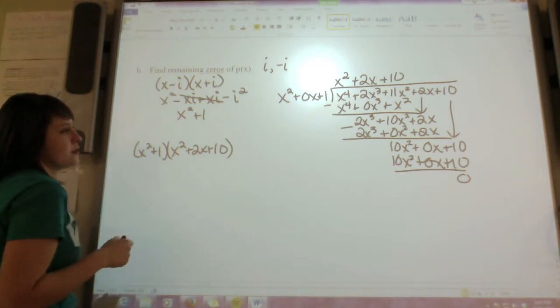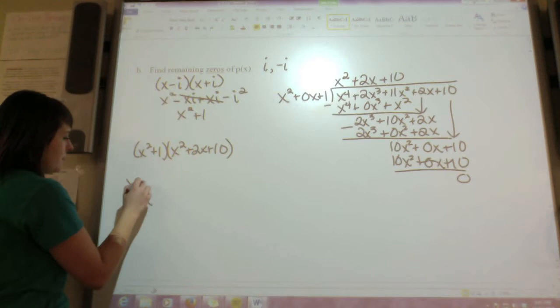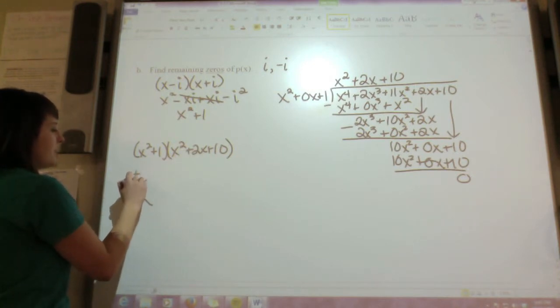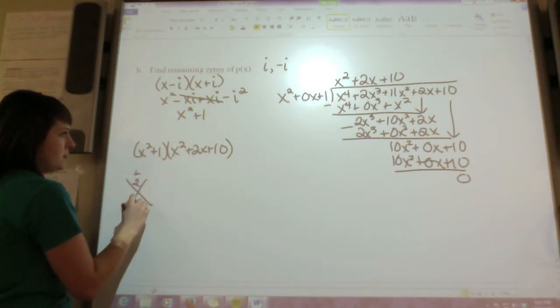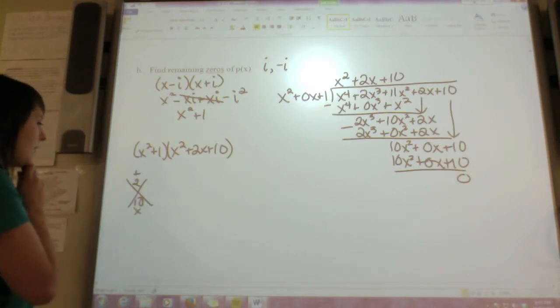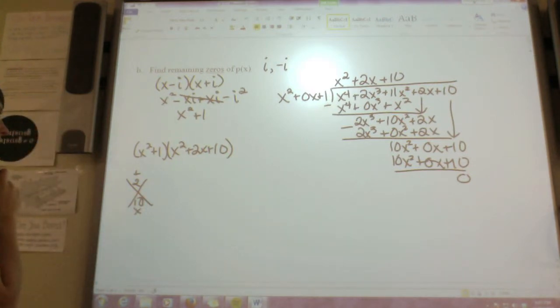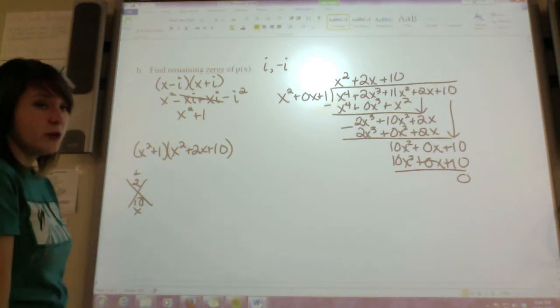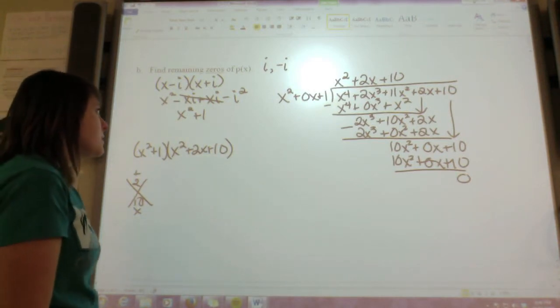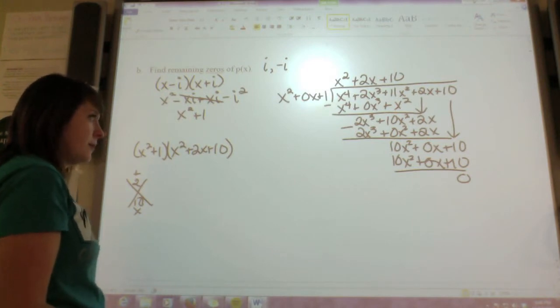So now I can factor this equation, and I'm going to do that using the x game. So I know I'm looking for two numbers that add to 2 and multiply to 10. Okay, so with 10, I've got 10 and 1 or 5 and 2. Neither of those work. So, since my x game doesn't work, what I can do, because I just want to find the zeros, I don't actually want to put it in factored form, is find the zeros using the quadratic formula.